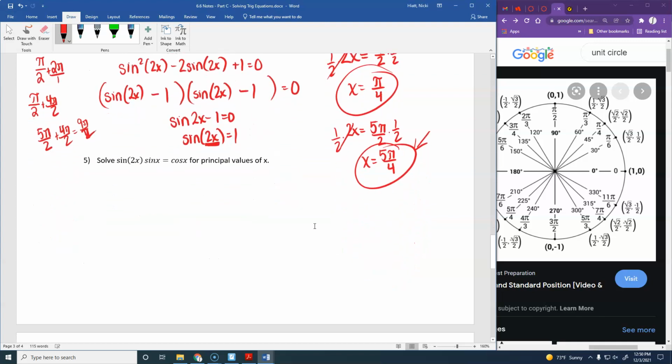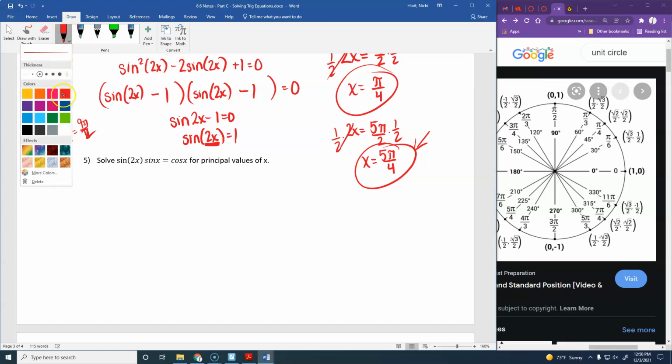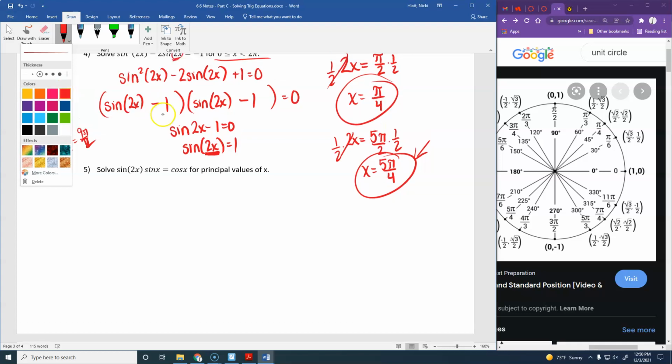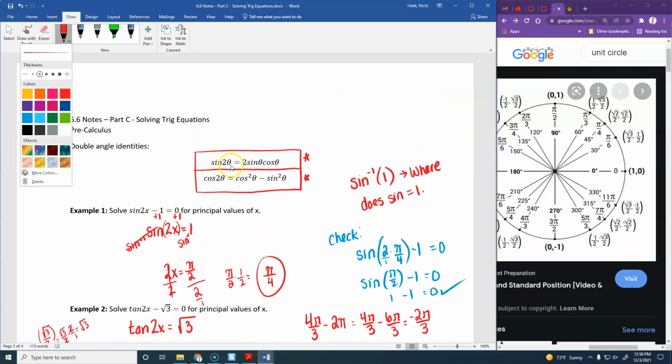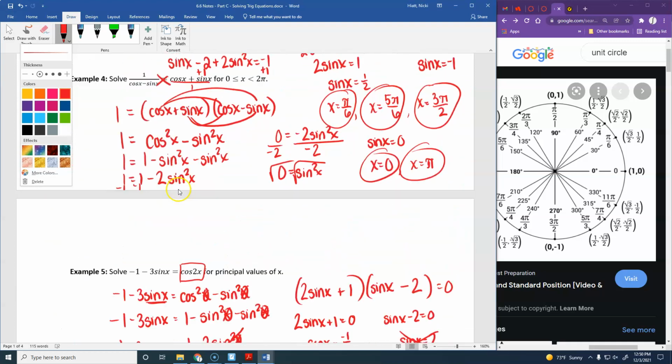All right, let's do 5, and then I'm going to let you guys work, and hopefully you can get most of it done before we go. So sine 2x times sine x equals cosine x. I can't do anything with a sine 2x and the sine and the cosine. So what I'm going to have to do is go back up here to the top, and I know that sine 2 theta should equal 2 sine theta cosine theta. So I'm going to use that.